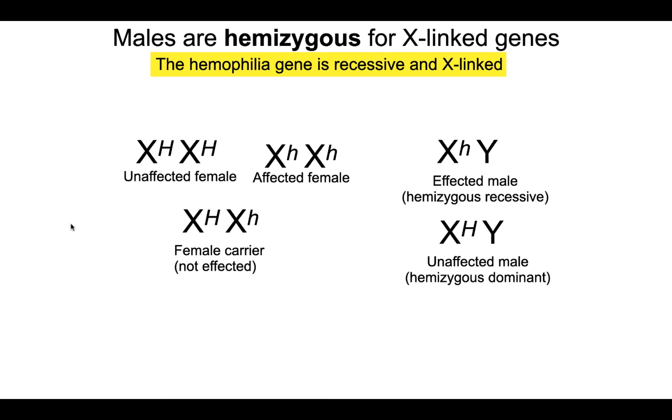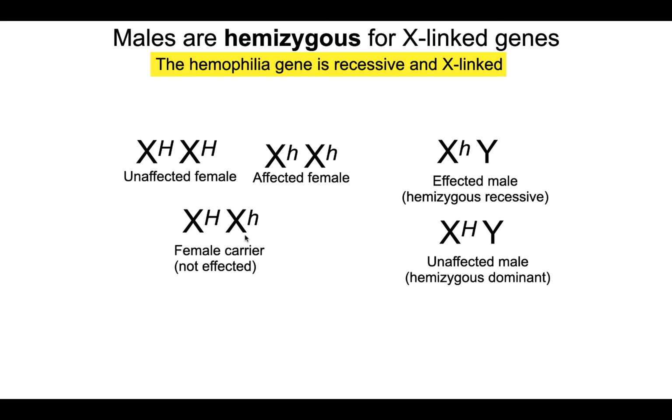Now, if we're talking about a gene that has a dominant allele and a recessive allele, like hemophilia, a blood disease, an unaffected female could be homozygous dominant, like this, X^H X^H. Or she could be an affected female, X^h X^h. Or she could be a carrier, X^H X^h, because females have two X chromosomes.